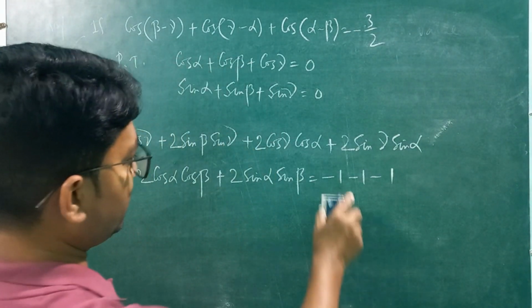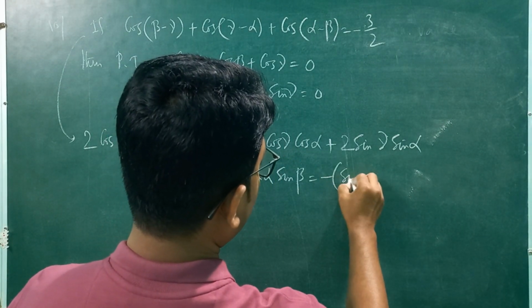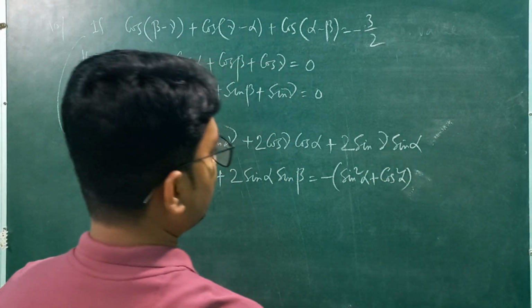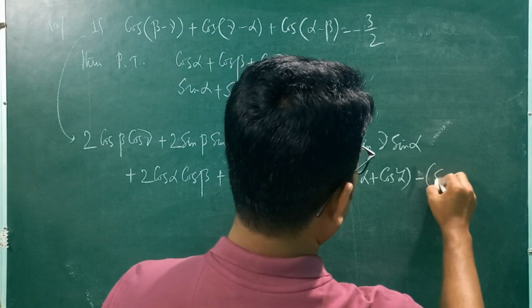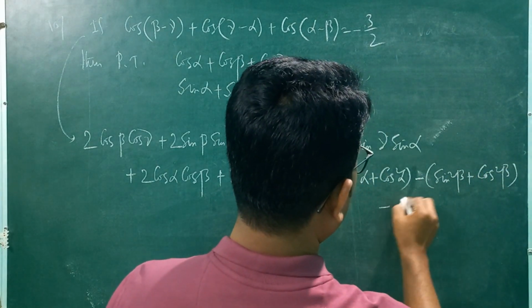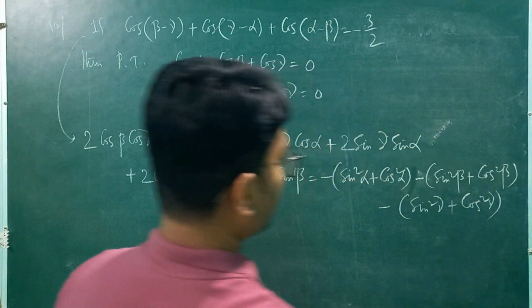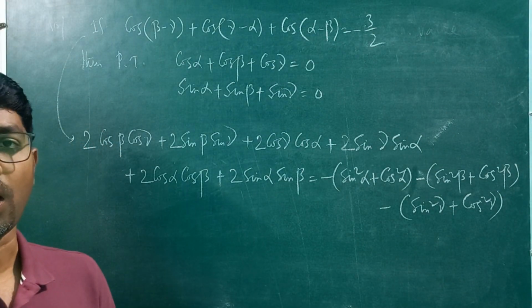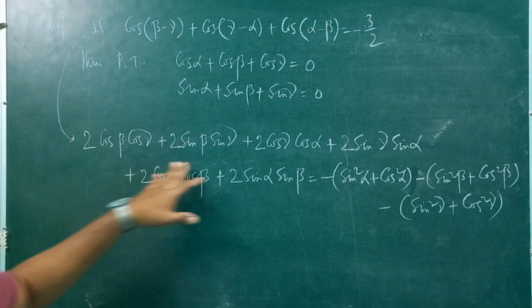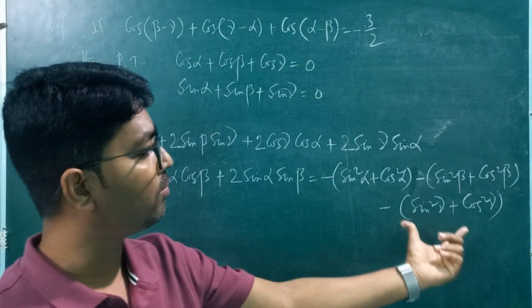So I write here minus (sin square alpha plus cos square alpha), minus (sin square beta plus cos square beta), minus (sin square gamma plus cos square gamma). Clear to everyone? How we have broken this expression? I take this minus 3 as minus 1, minus 1, minus 1.